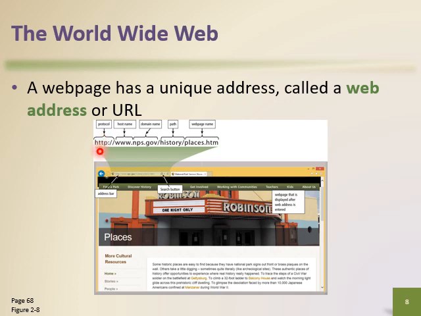HTTP represents the protocol, hypertext transfer protocol, and then www, as I told you earlier, is the host name of the website, and NPS is the domain name of that website.